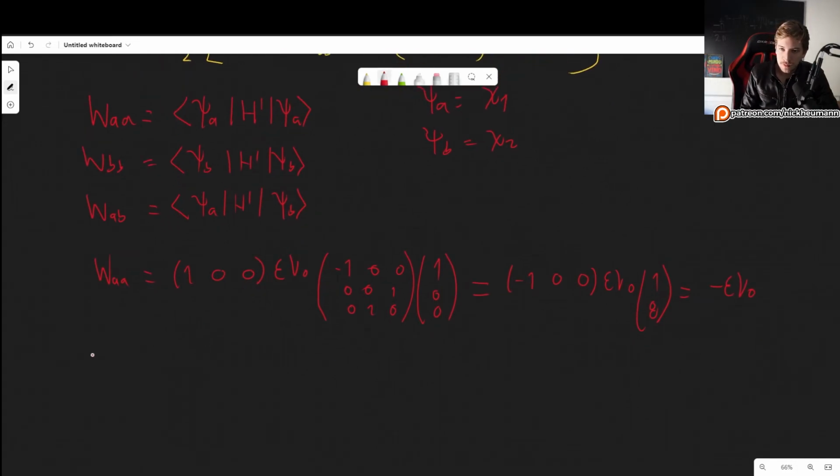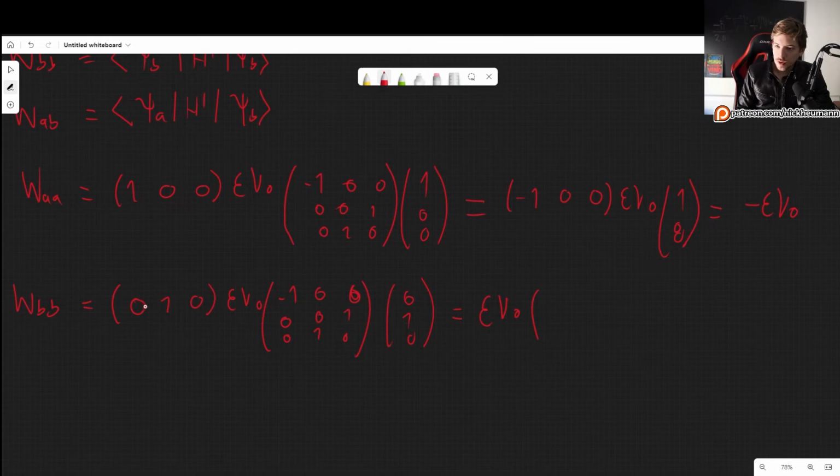Now WBB: our state now is (0 1 0), epsilon V0, the same matrix, and then we have (0 1 0). By multiplying here, we get 0 from this product, 0 from this product, and only a non-zero from the last one, and we have to multiply this by (0 1 0), but this is 0.